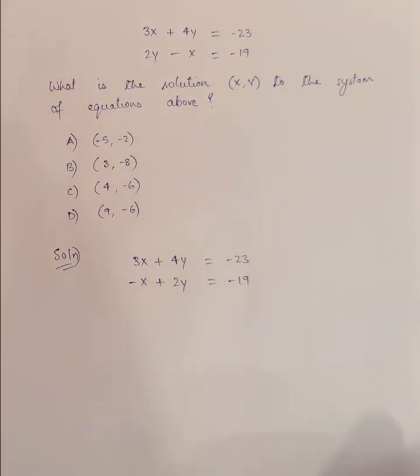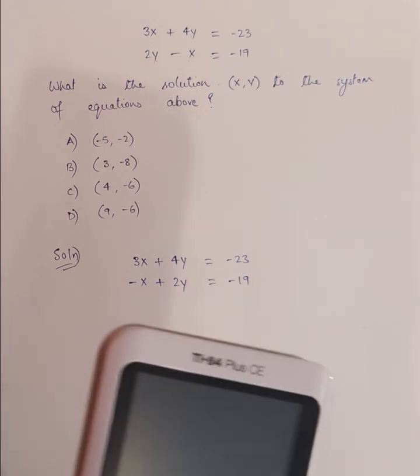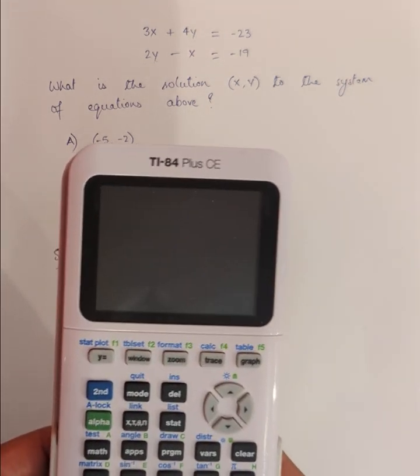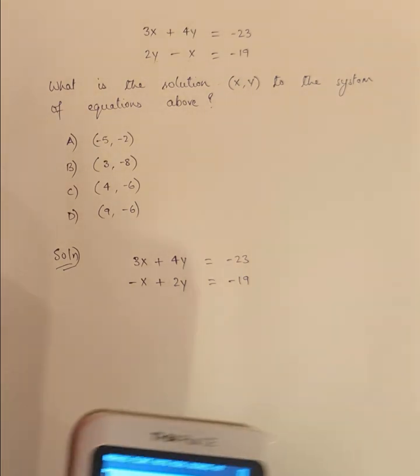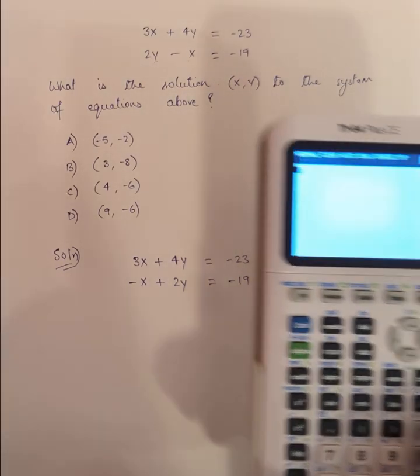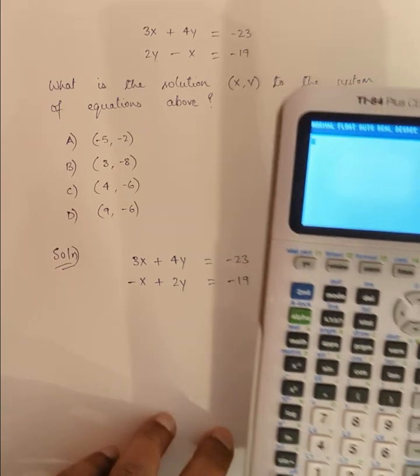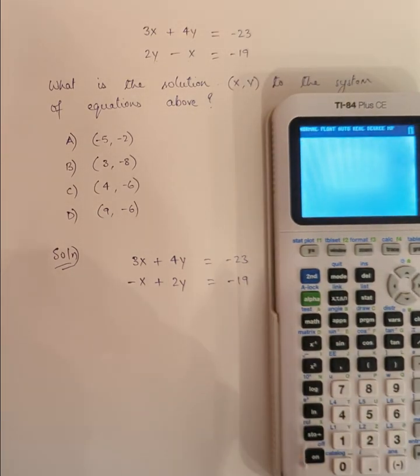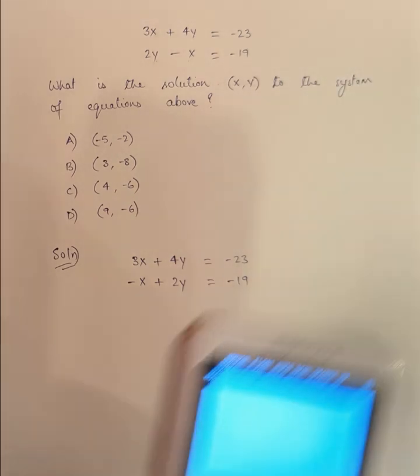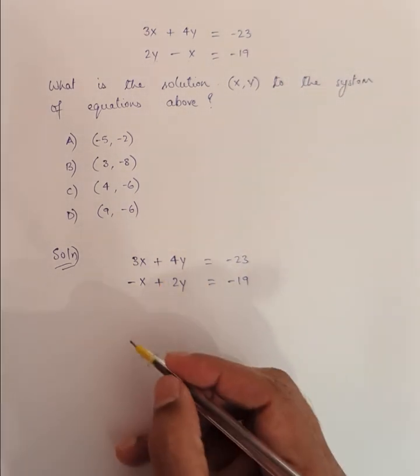Now, when you have your equations in standard form, there is a tool from higher mathematics that we can use, and the calculator can actually do that for us. So here is how I want to think.